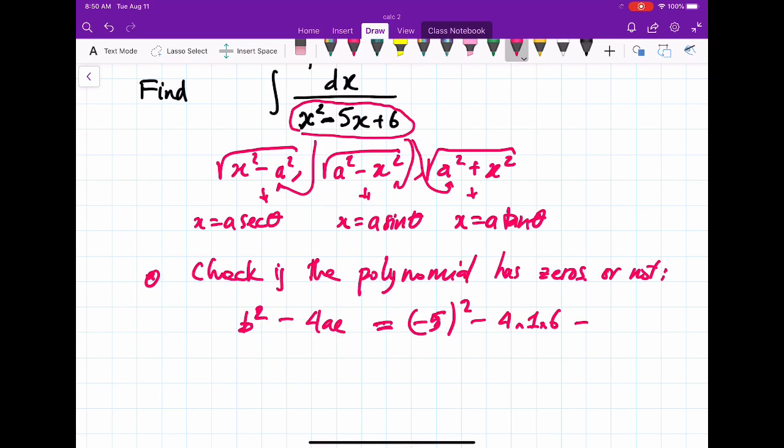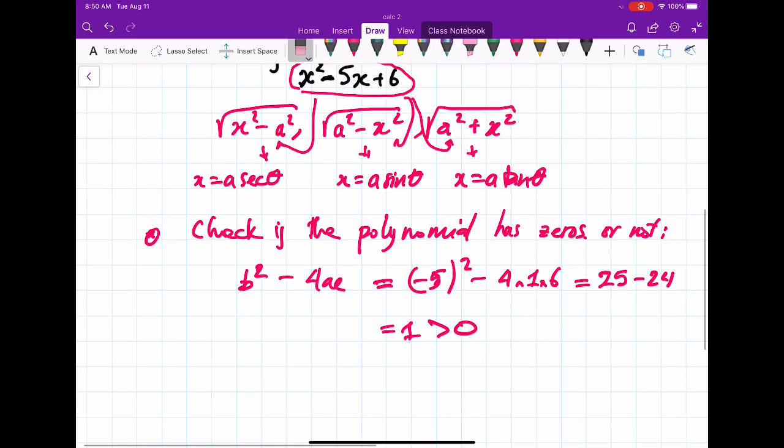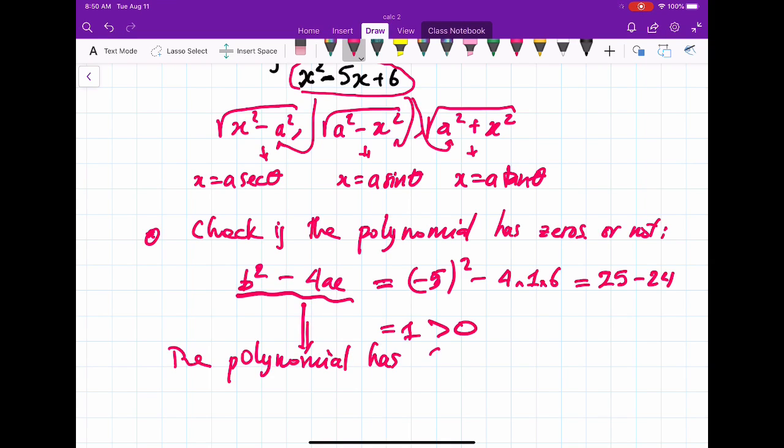So you have 25 minus 24, which is 1, bigger than 0. When this value is bigger than 0, we have two zeros. The polynomial has two zeros.